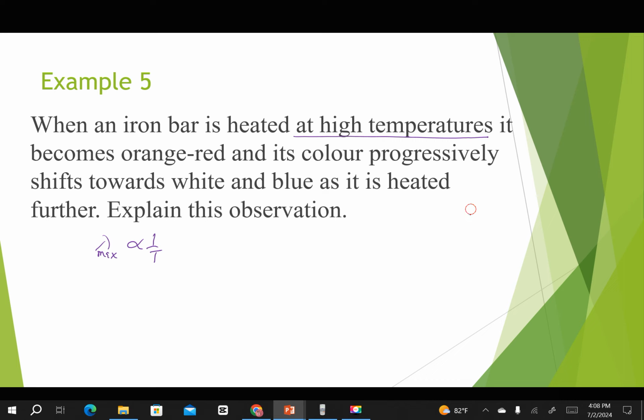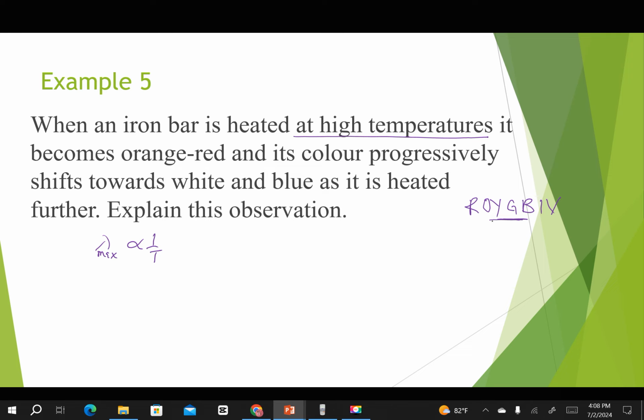From the visible spectrum, red, Richard of York gave birth in vain, red corresponds to the longest wavelength. But as temperature increases, the wavelength decreases. Therefore, we first see red, orange, and as the temperature increases we now see white, because that is the average of all these colors, and finally we would see blue.